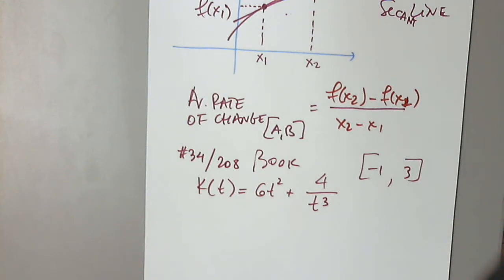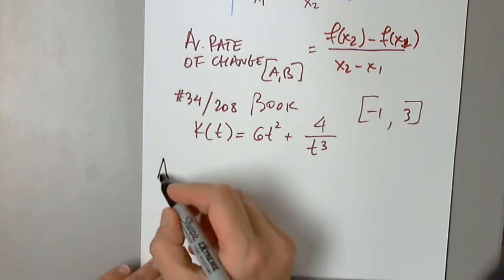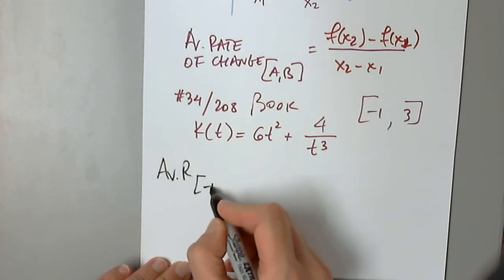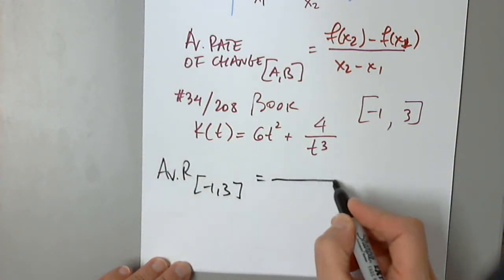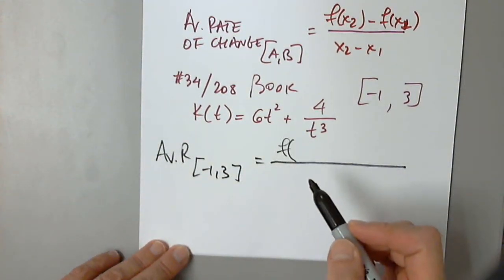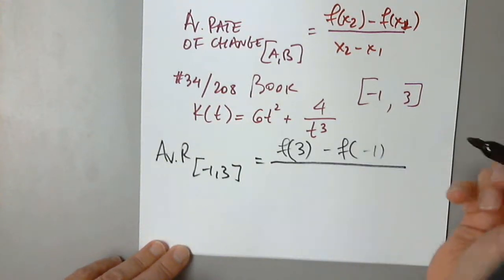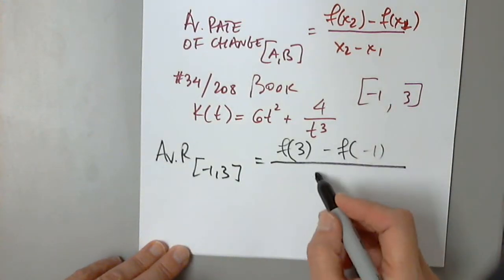Perfect. Okay, so the average rate between -1 and 3 will be, by definition, f of 3 minus f of -1 over 3 minus -1, which is 4.